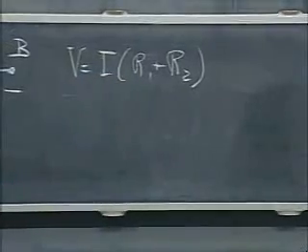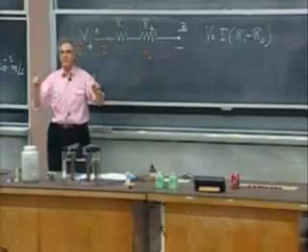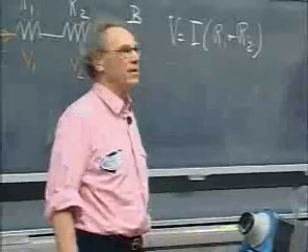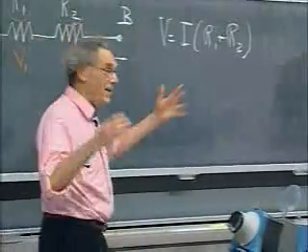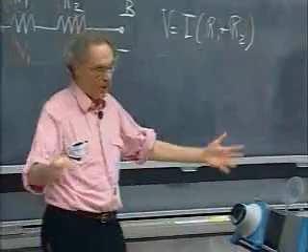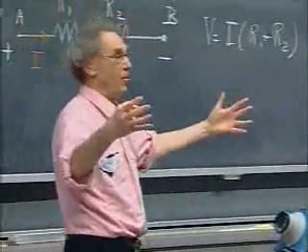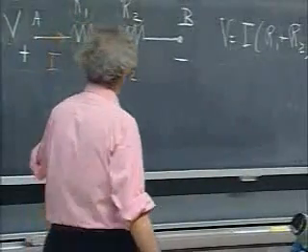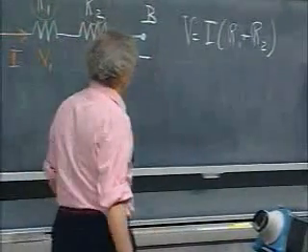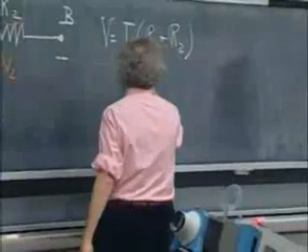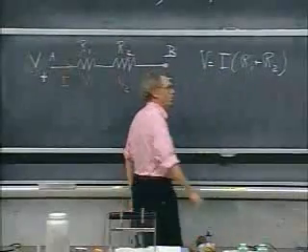Suppose these two resistors were the same. They had the same length, same cross-sectional area. If you put two in series, you have twice the length. Remember, resistance is linearly proportional with the length of a wire. And so you add them up. So now you know R1 and you know R2, you know V, so you already know the current.